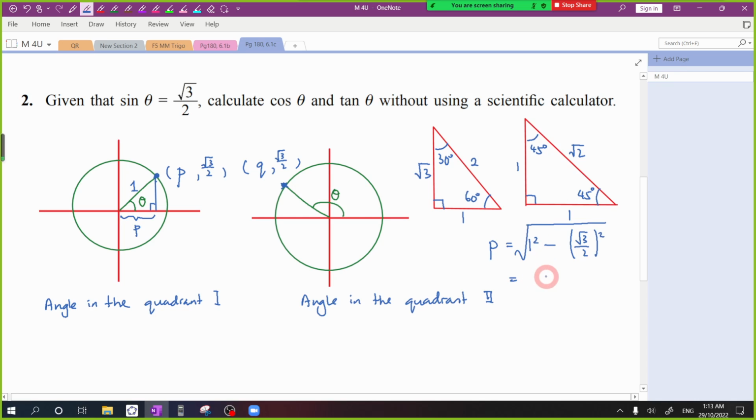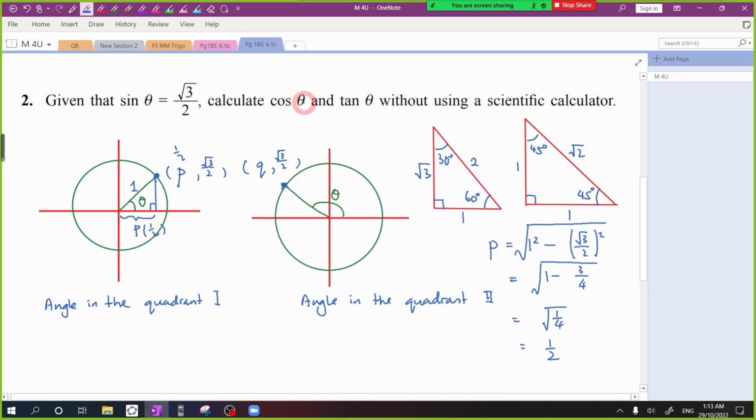So 1 squared is 1, square root 3 squared you will get 3, 2 squared you will get 4. So this is square root of 1 over 4, which is equal to 1 over 2. Now you know here is actually 1 over 2.